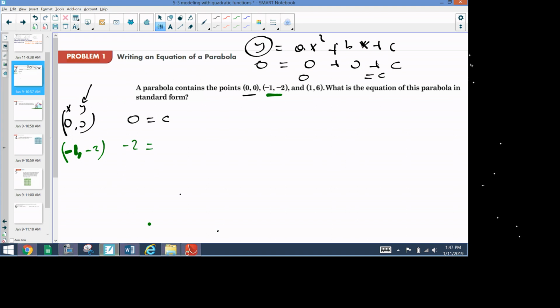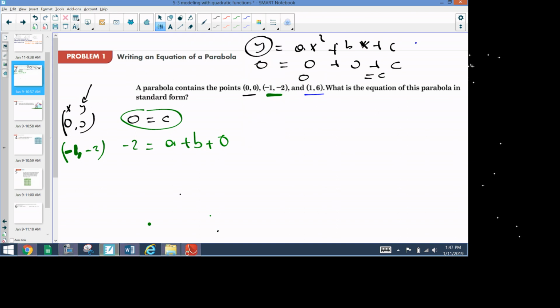X is -1. -1 squared is 1. 1 times a is a. Right? Then x equals -1 again, so 1 times b... I'm done. How about plus c? C is equal to 0. I don't need to write that. So now another one.